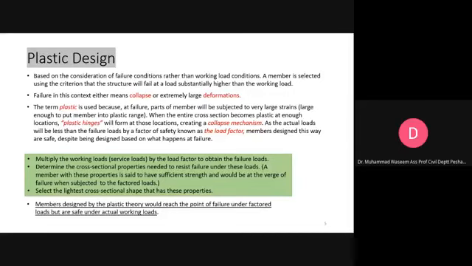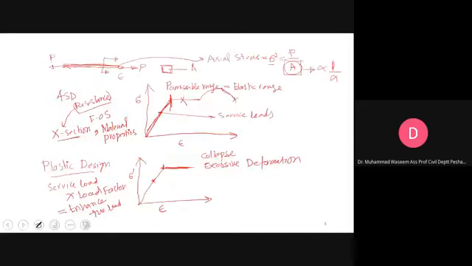So we design our members for those loads which will produce stresses in the plastic range, not in the elastic range. We accomplish it by multiplying the loads with a load factor, and we do not use any factor of safety in plastic design.